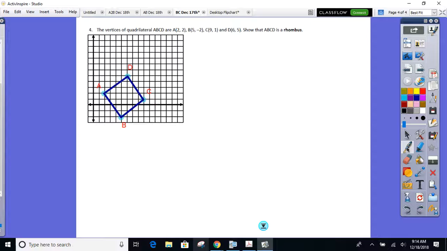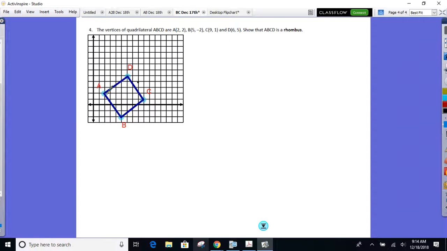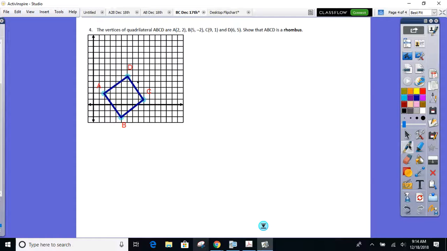All right, if you want to use one of the other properties, you do have to tell me it's a parallelogram first. So are many people going just distance here? Or do we want to go parallelogram? Distance, okay. You could, again, guys, you could also prove it's a parallelogram with perpendicular diagonals. You could also do a parallelogram with 2 consecutive sides congruent, right?